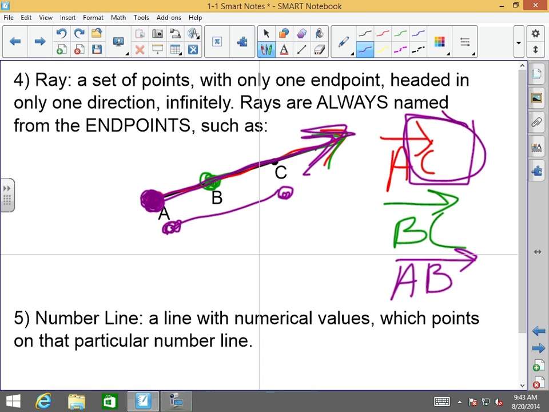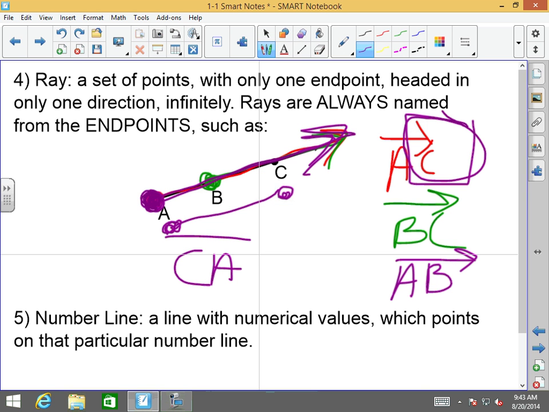No. CA in this case, my friends, would only be a segment, and you'd have to write it as such. CA would not be a ray. A ray has to start with the endpoint, and then it goes towards the letter that it is headed in that direction. Does that make sense?